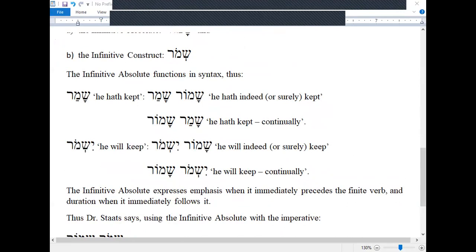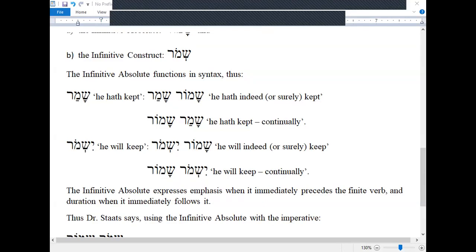And yishmor shamor, here we have the Qal imperfect, third masculine singular, followed by the infinitive absolute, shamor, and now we would translate that with continuity or duration. He will keep continually because the infinitive absolute follows the verb.